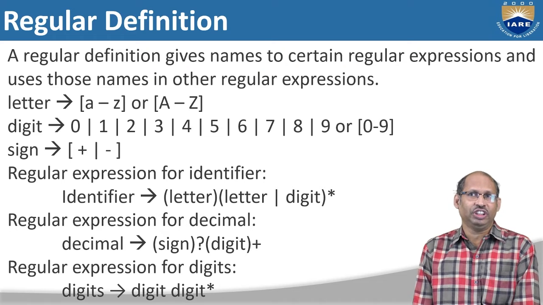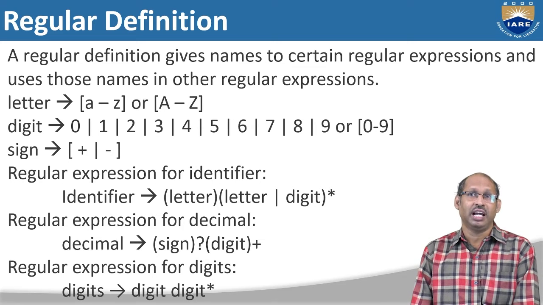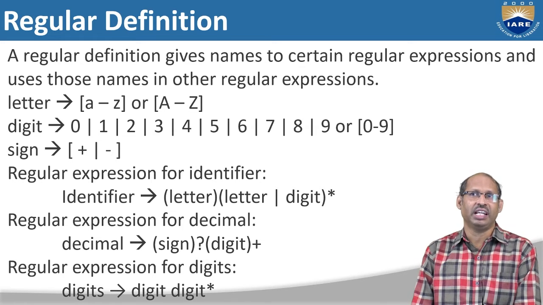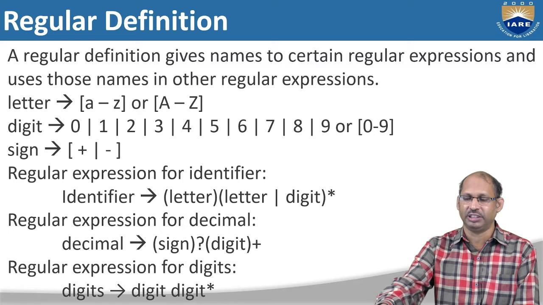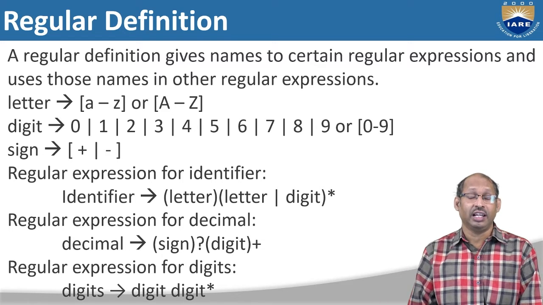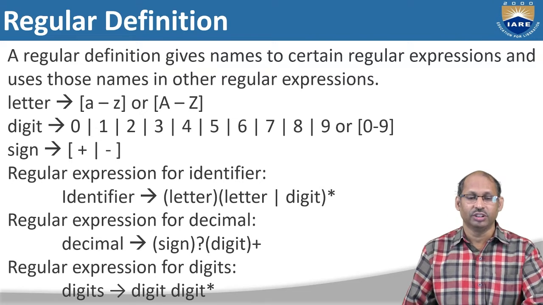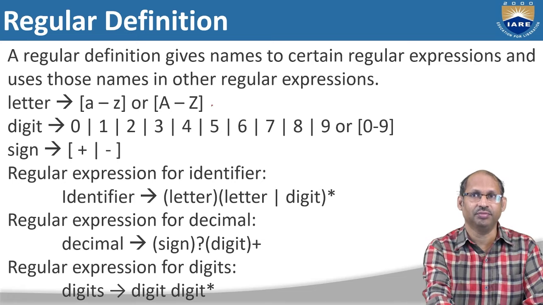A regular definition gives names to certain regular expressions and uses those names in other regular expressions. So here we are giving a regular definition for some regular expressions so that we can use those names in other regular expressions. The first one is letter.